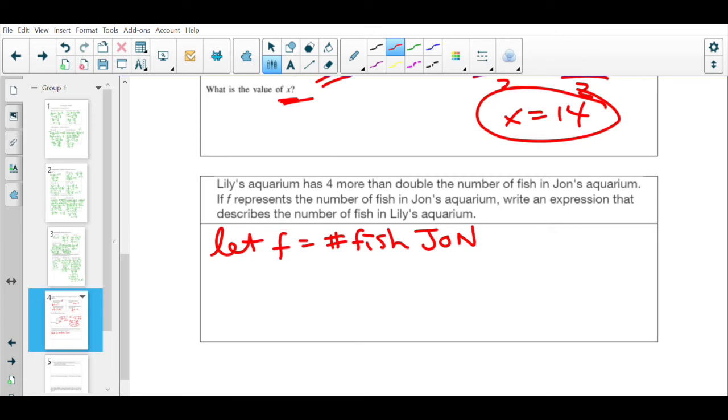Lily's aquarium has 4 more than double the number of fish in John's aquarium. So double the number of fish than John, and 4 more. There you have it.